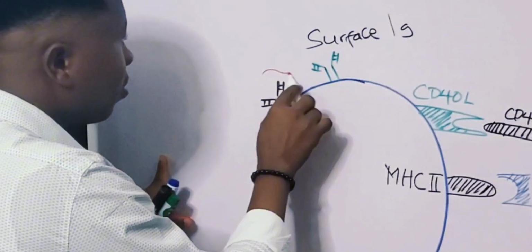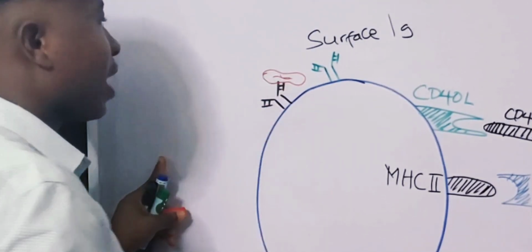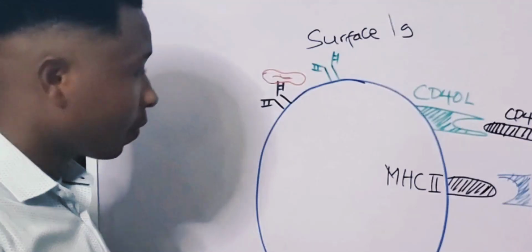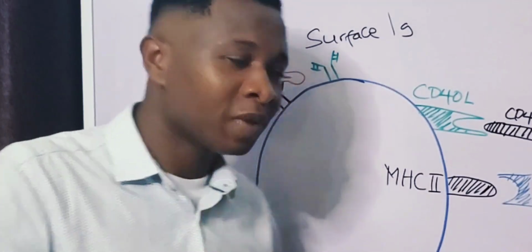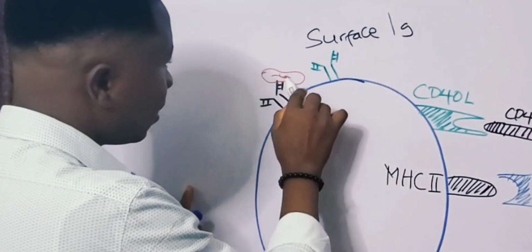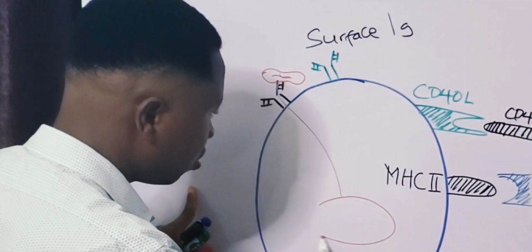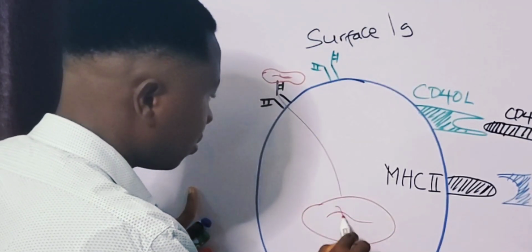Let's assume we have a bacteria, right, binding to the surface immunoglobulin. The B cell has the ability to internalize it. So what happens is that this bacteria is internalized. So it is brought into the B cell.